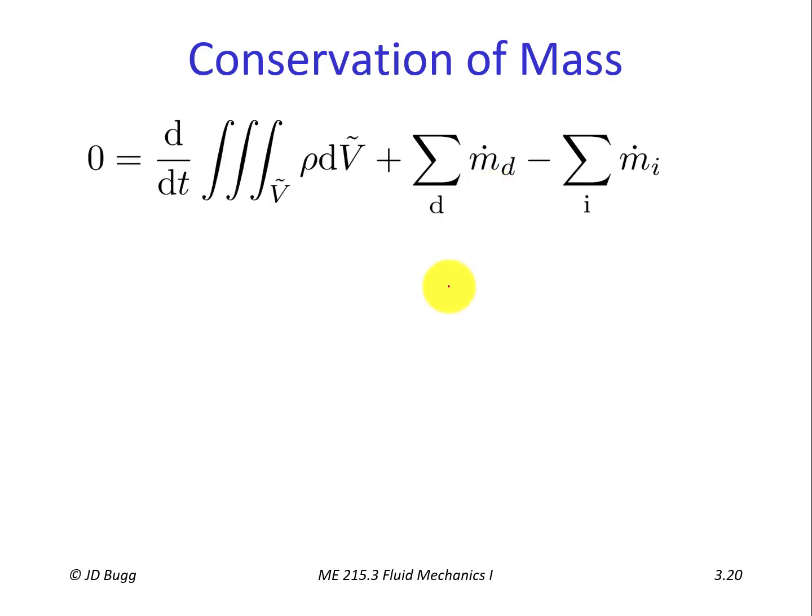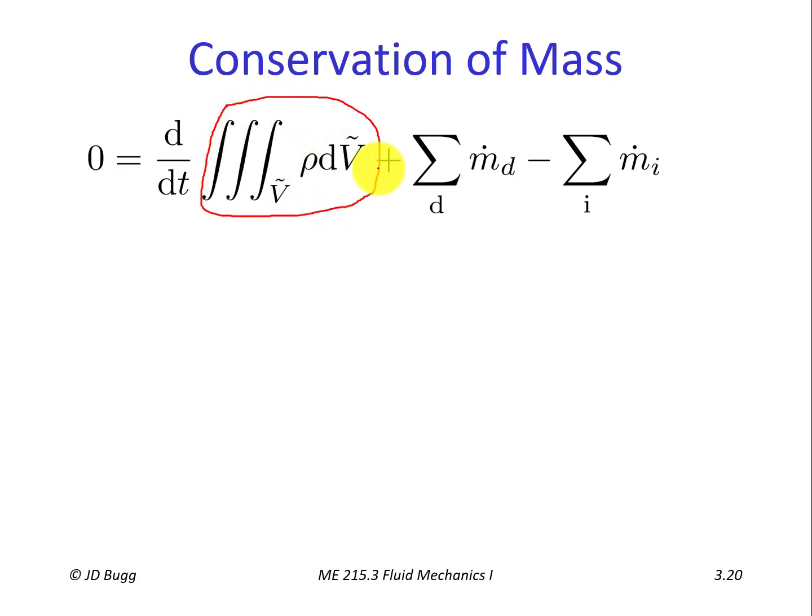If we take a look at the meaning of each of the terms in this equation, remember what this means physically. This is the integral over our entire control volume of rho dV. Realize all of that together is the total mass of everything in the control volume, because we have small volumes, multiplied by density gives us mass, and we add those up over the entire control volume.